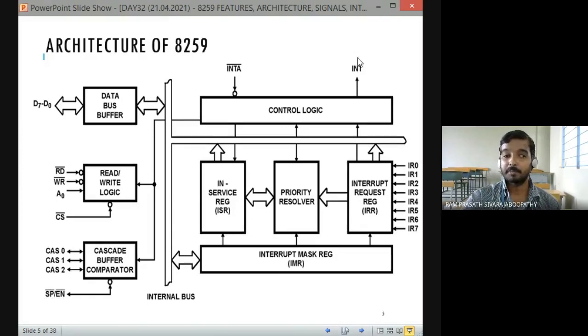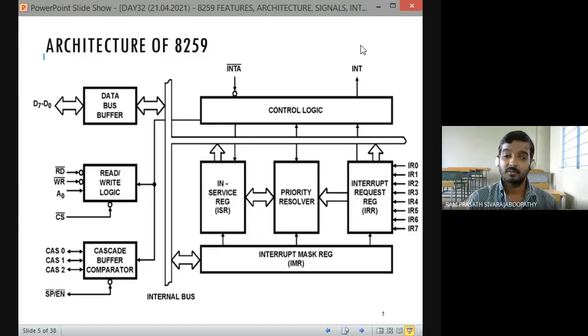So the interrupt signal generated from the 8259 is at the INT pin. Interrupt requests to the 8259 are at IR0 to IR7. The interrupt request to the 8085 is generated from the 8259 through the INT pin. Is it clear to everyone?